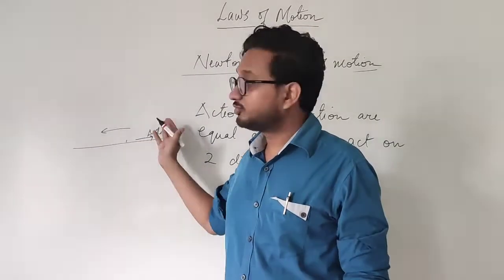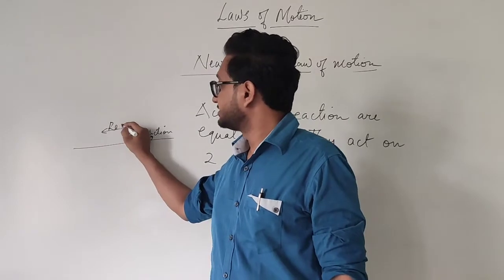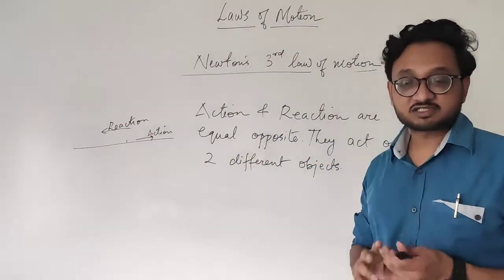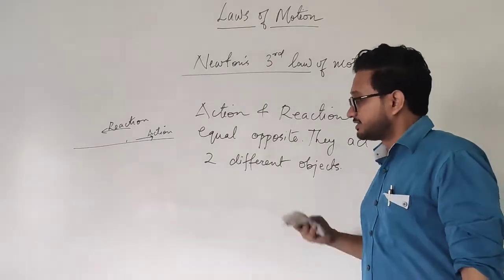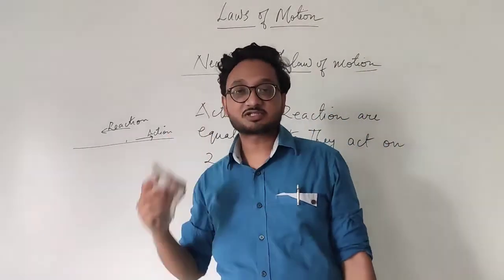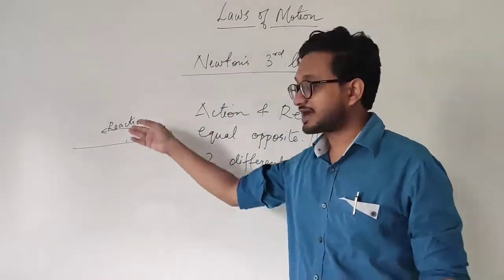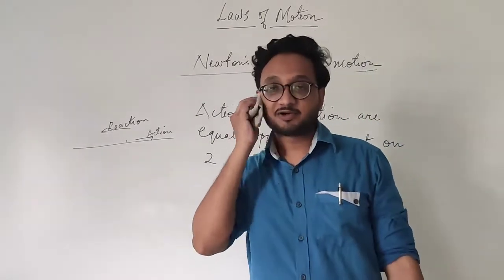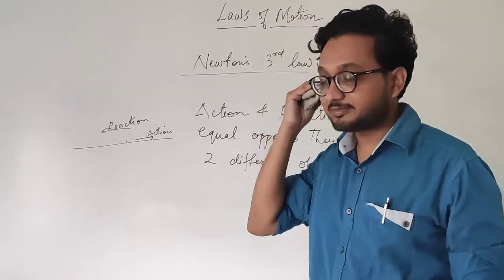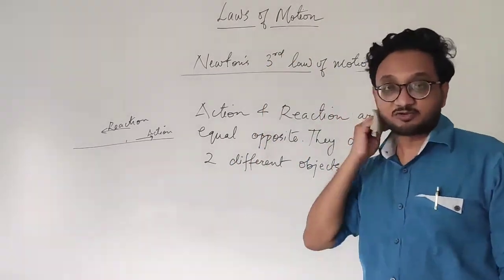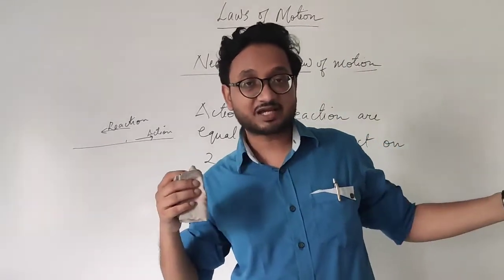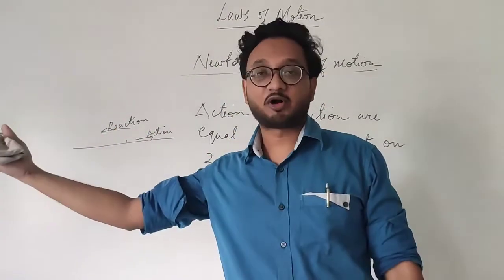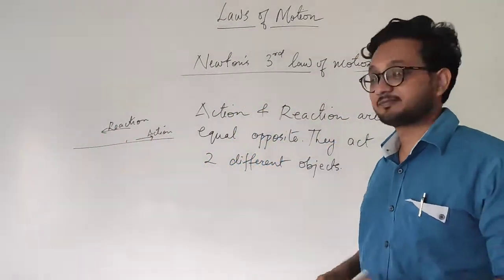And our body moves in that direction, that is reaction. That reaction is given by the surface on which we are walking. So we are giving the action to the surface, and the surface is giving the reaction to us, and as a result we are able to walk or run. Vehicles move in a similar manner. We push the floor backwards and we move in this direction. That is the action, and our body moving in this direction is the reaction.